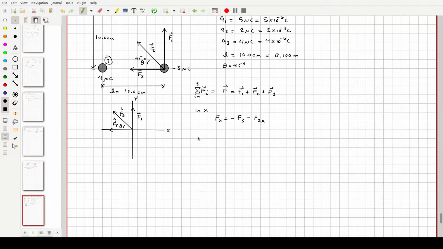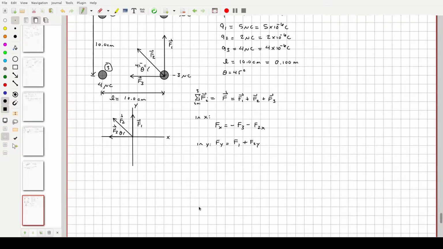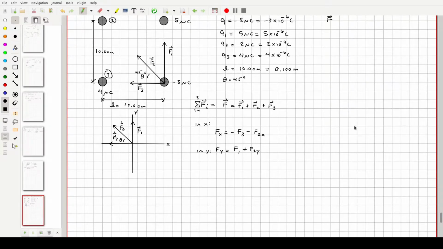In the y direction, I have a positive F1. I also have a positive F2y. Okay. Now let's talk about what F2x and F2y are. We have an angle that looks like this. This would be F2, this would be F2x, and this would be F2y.